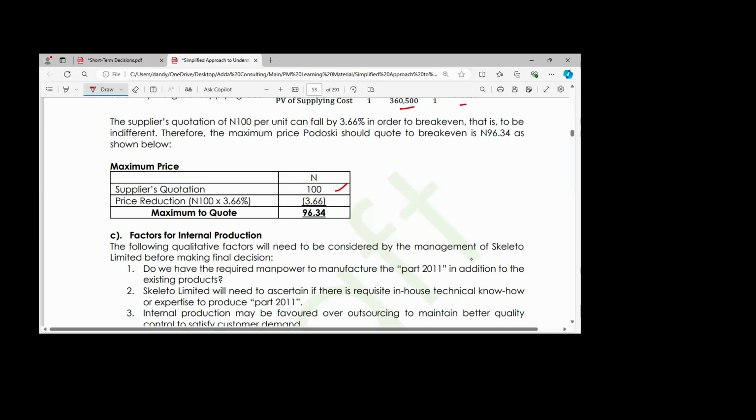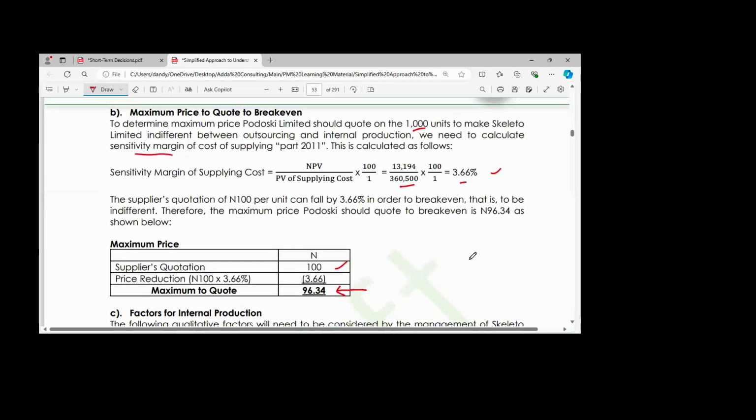Therefore, for the company to be indifferent, it should charge 96 naira 34 kobo. If the company charges 96 naira 34 kobo, the NPV of 13,194 naira will be equal to zero.